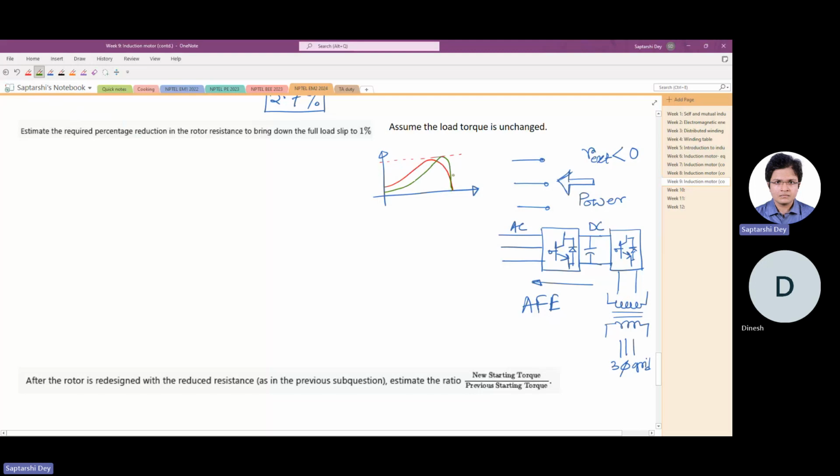If I zoom into this area, the red curve falls like this, and the green curve falls like this.